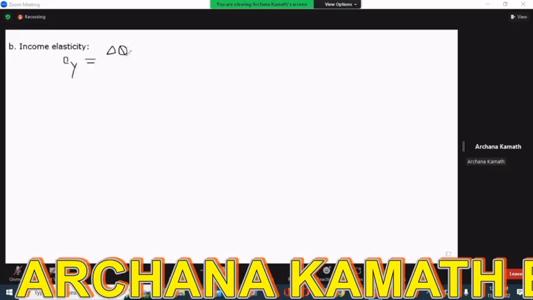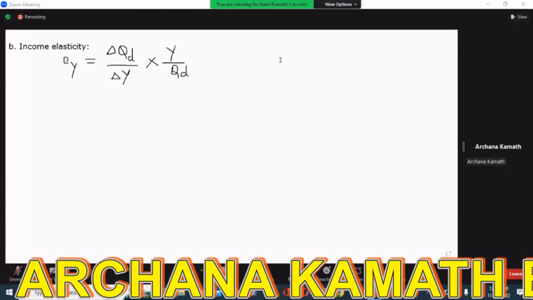So delta Q_D with respect to delta Y into initial Y, where capital Y stands for the level of income, with respect to the initial quantity demanded. The only thing you have to be very familiar with here is the sign.